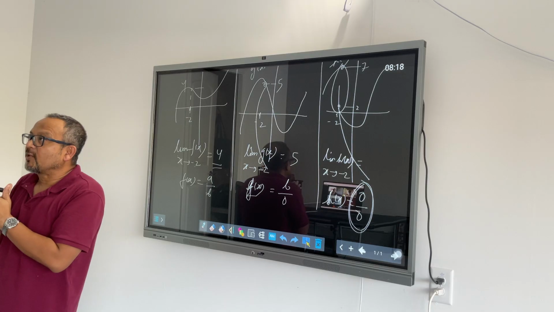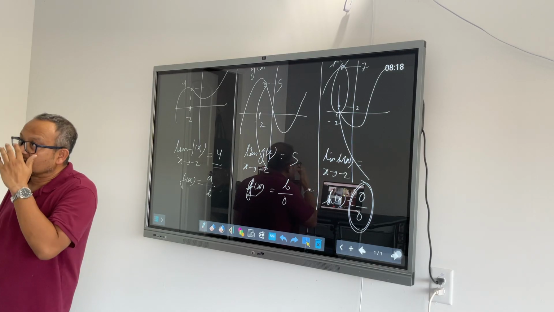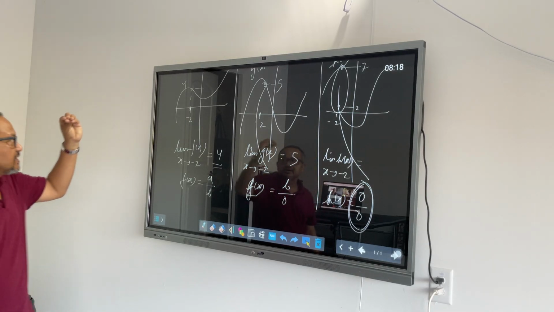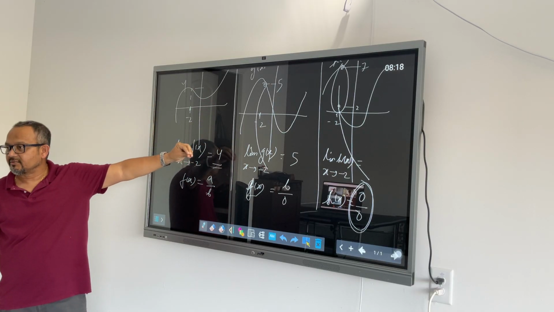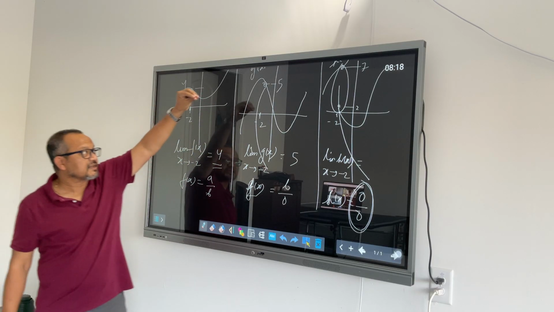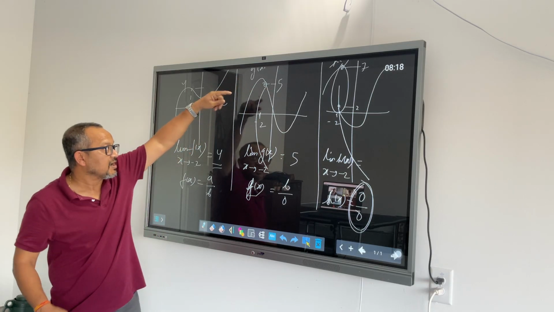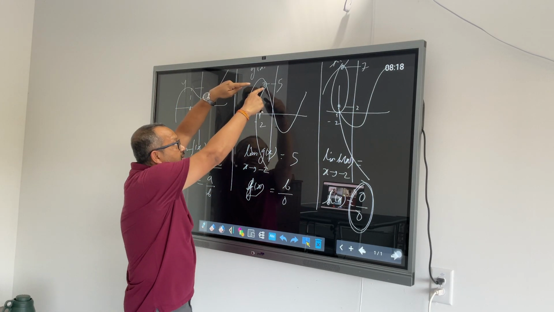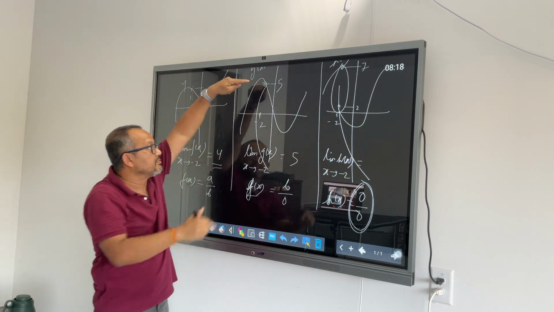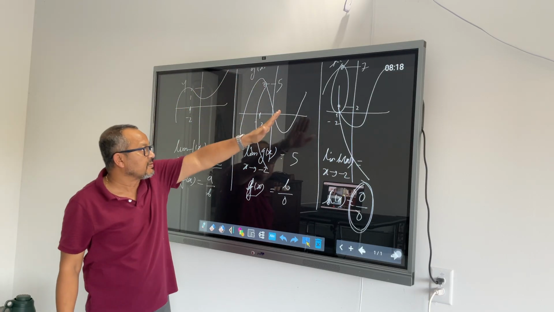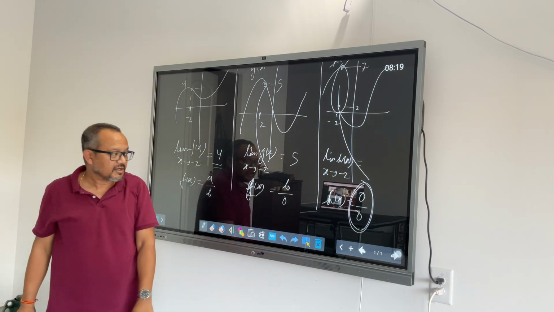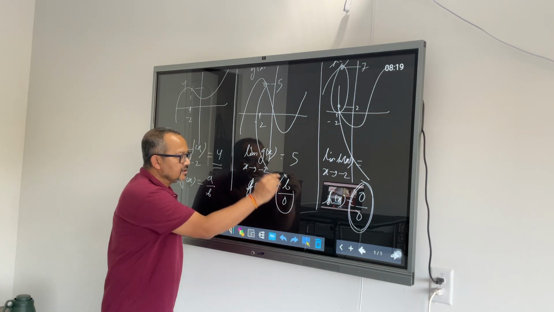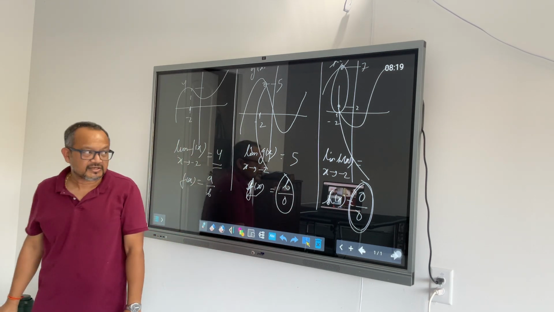So from a strategy point of view, if you have to find out the limit, you will first try substituting that value in the function, and if you get a simple answer, that's the limit. If you see that this becomes undefined, but the graph is up for a value less than that or more than that, I mean, when you are coming from the positive side or negative side, it's approaching the same point, your limit is the same as the function of x.